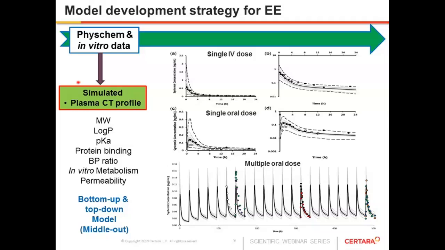Now, usually when you have a bottom-up approach, if you scale up using just your in vitro data and your Physchem data, and you're able to recover the exposure of your drug, then it's a complete bottom-up approach. Sometimes, in the absence of certain information, you will require some clinical data. And in the case of ethinylestradiol, there was some information that was lacking.